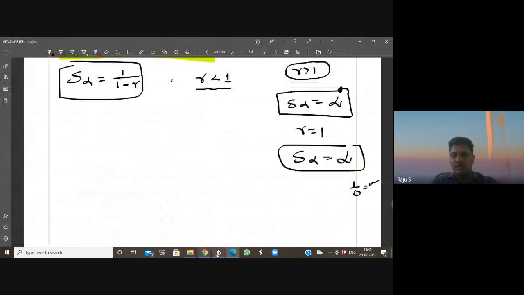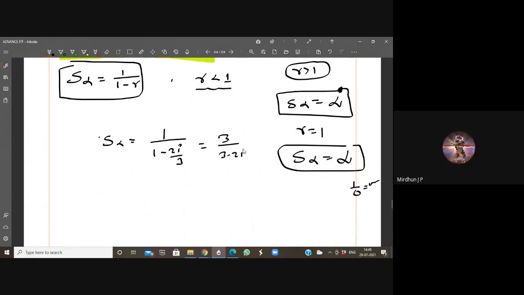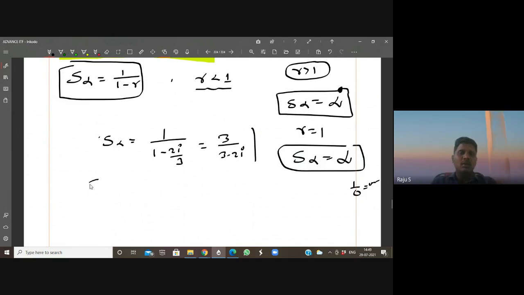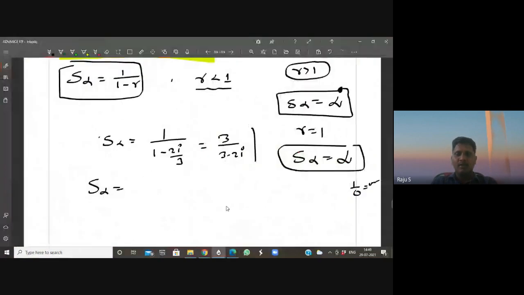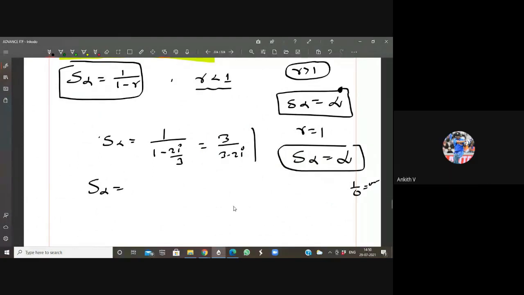So the answer becomes S infinity equal to 1 by 1 minus 2i by 3, that is nothing but 3 by 3 minus 2i. You have to rationalize this. Did all of you rationalize? Answer is 9 plus 6i by 13.